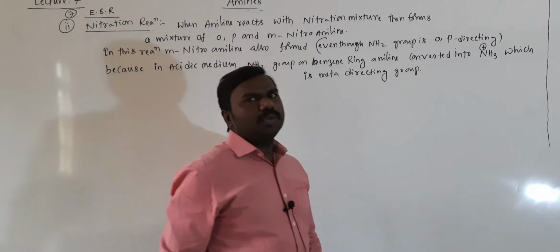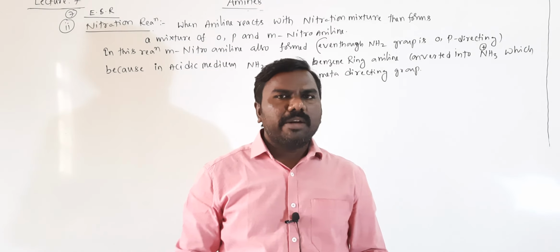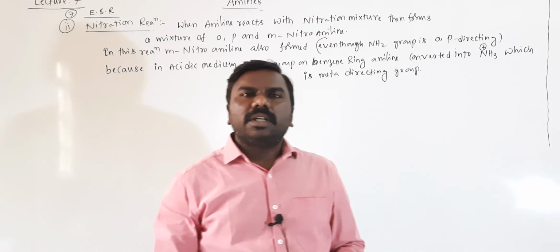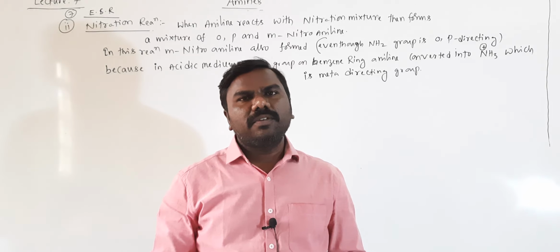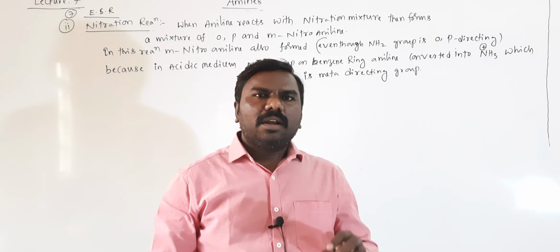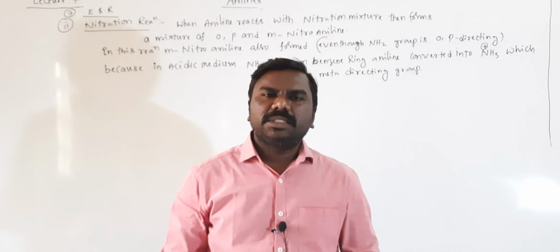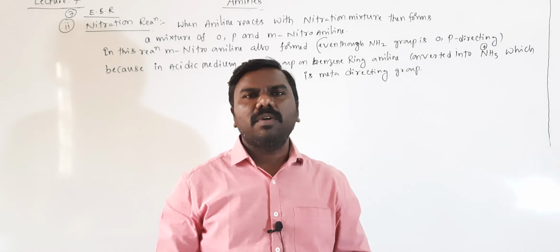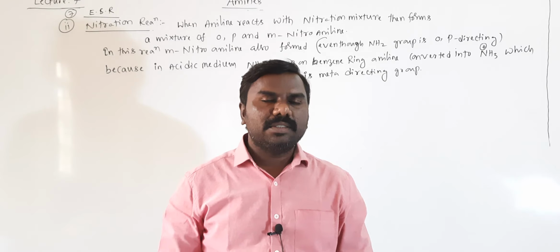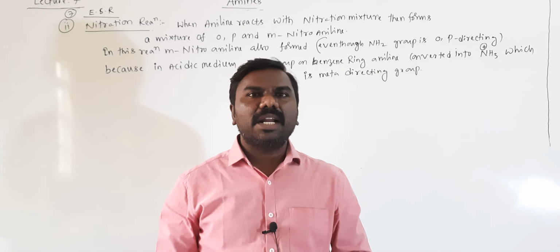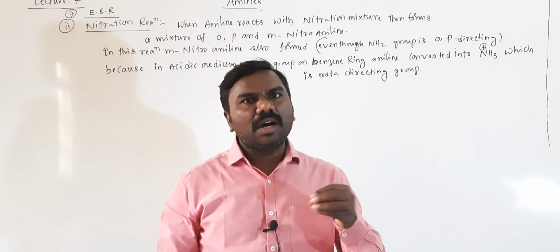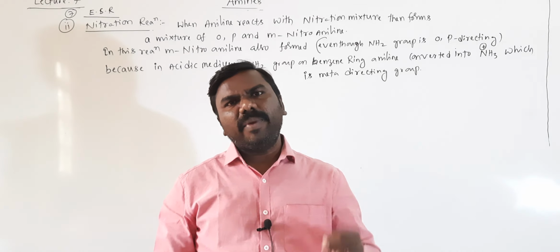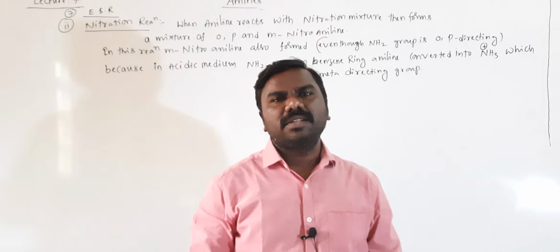Students, actually the NH2 group is ortho and para directing, but in nitration with concentrated sulfuric acid and nitric acid, it is an acidic medium, nothing but H plus ions available. NH2 and H plus can be converted into NH3 plus. NH3 plus is meta directing, NH2 is ortho para directing. That's why ortho, para, meta, three products will be formed as a mixture.